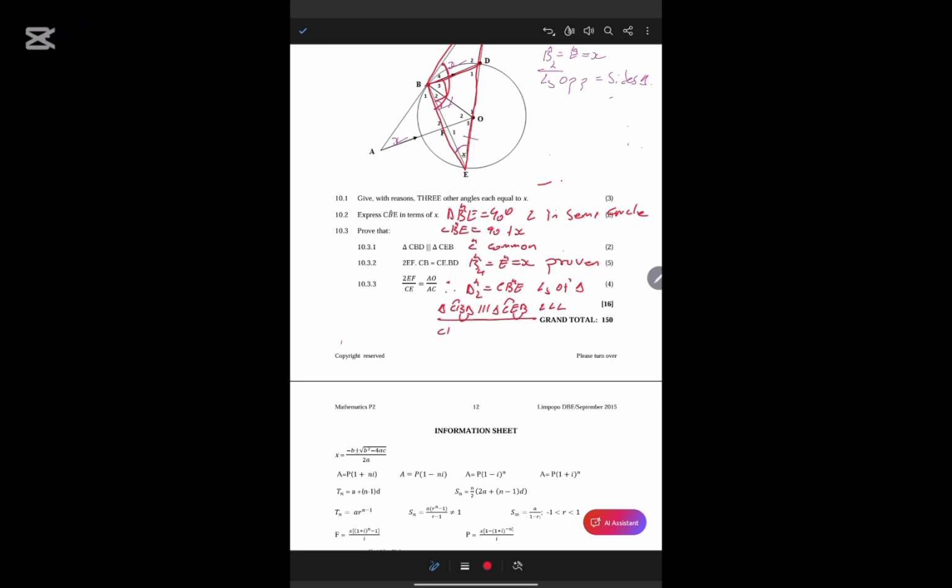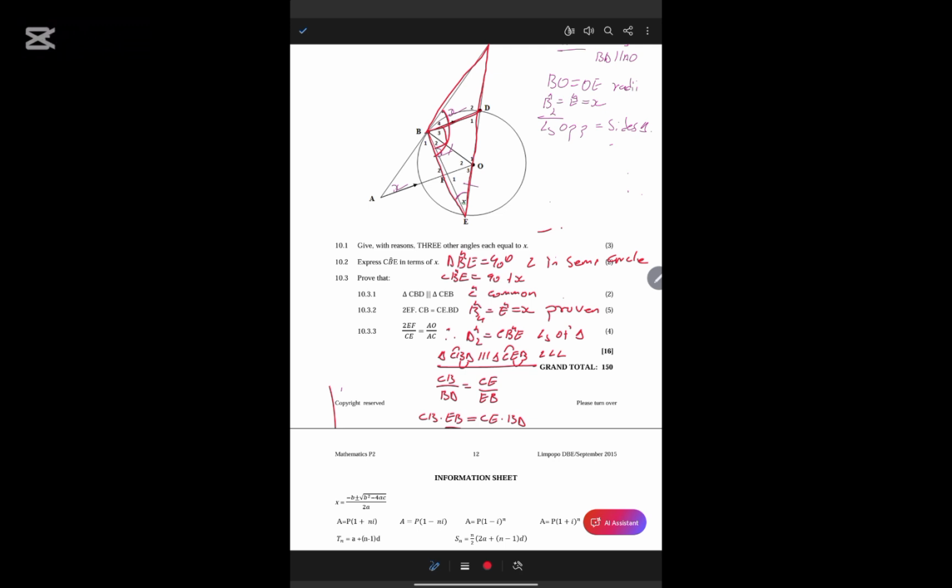This is coming from those similar triangles. When you cross multiply, you now have CB times EB is equal to CE times BD.